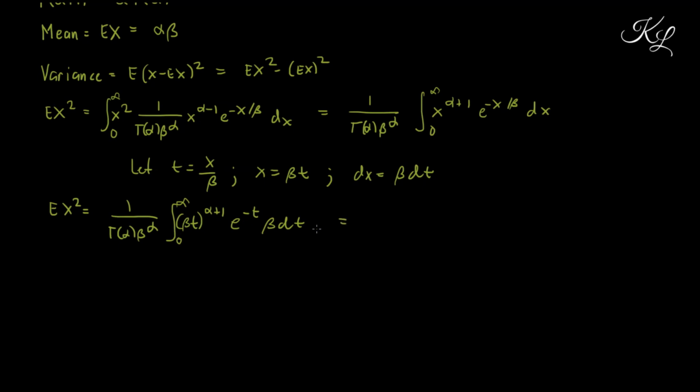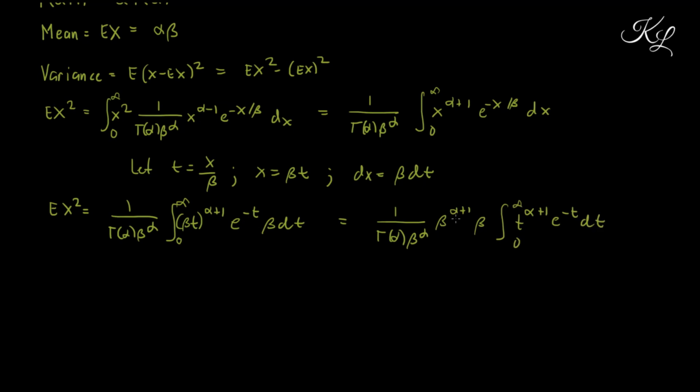Now, let's move out the constant from the integration. So the original constant is 1 over gamma of alpha beta raised to alpha, then this is beta raised to alpha plus 1, and we have here beta. Then we have the integral for the remaining term, t raised to alpha plus 1, e raised to negative t, dt, from 0 to infinity.